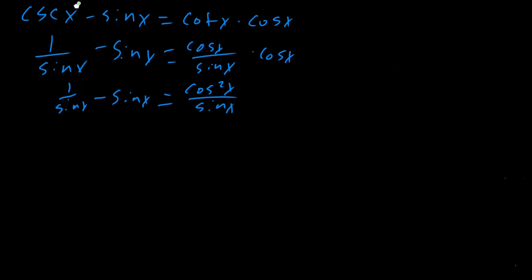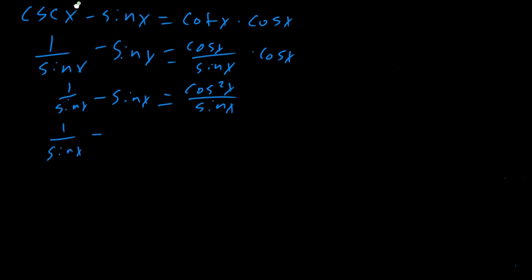So for the left side of the equation, we can't combine both terms into one term that easily like the right side of the equation, since this time we're subtracting instead of multiplying. So since there's a minus sign, we're going to use a variation of 1 to turn a term into a fraction. Since 1 over sine of x is already a fraction, we don't need to do that.